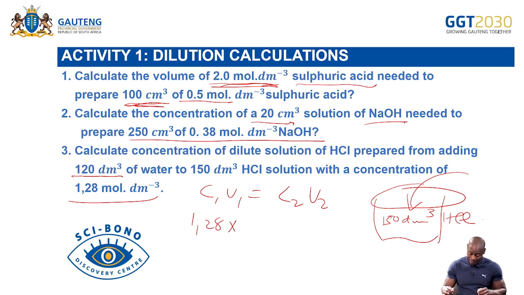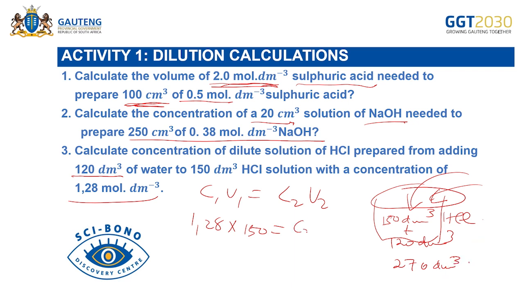Then finally, we added 120. Then what will be the total? It's going to be 270 cubic decimeters. Okay. So the initial volume is 150. We are looking for the concentration of the dilute solution.